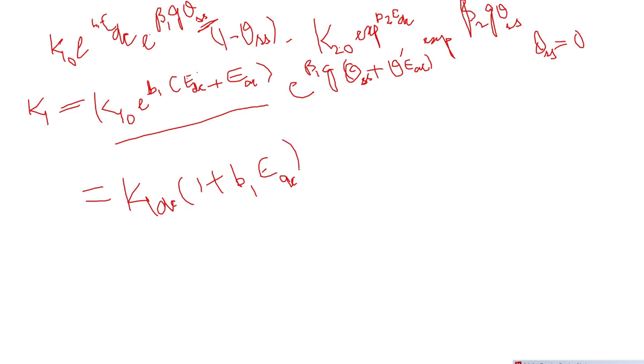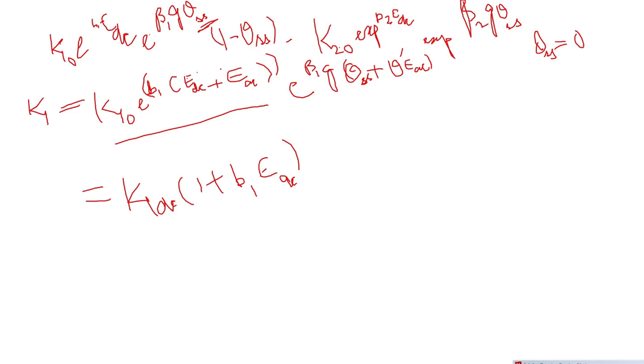Now what do you do for this part? Here K1 is equal to K10 e raised to B1 times EDC plus EAC. We have already seen this in the previous classes, right? When you're doing linearization, E will be the sum of the DC potential plus the AC potential.